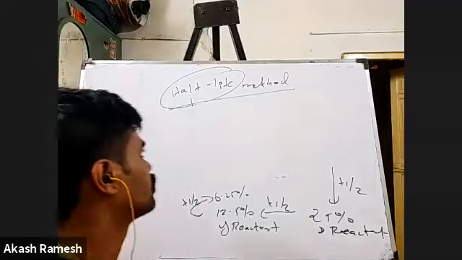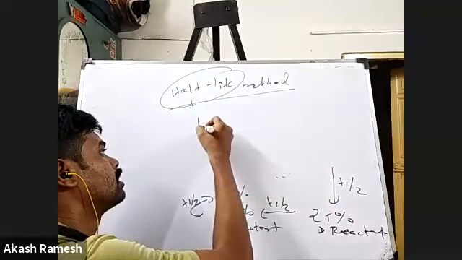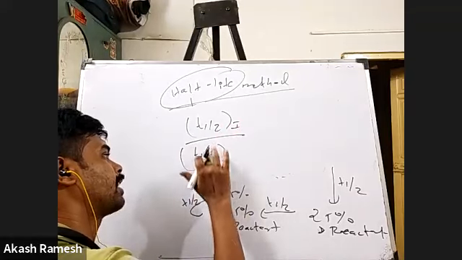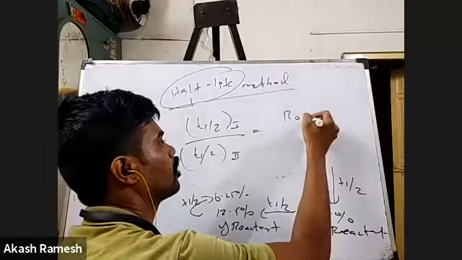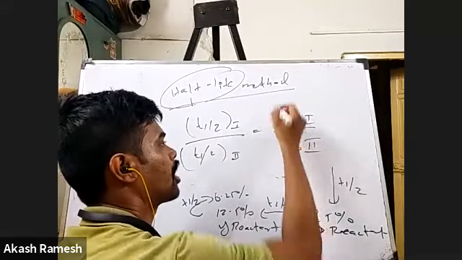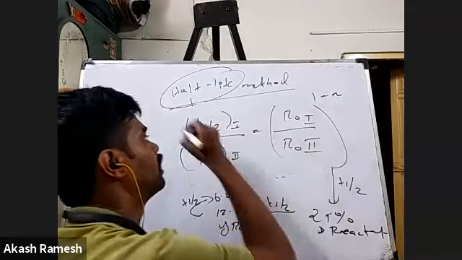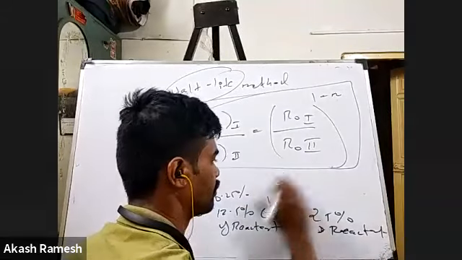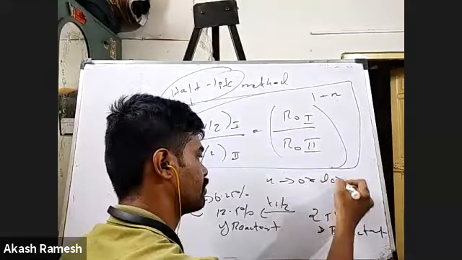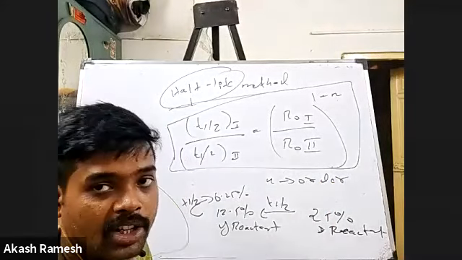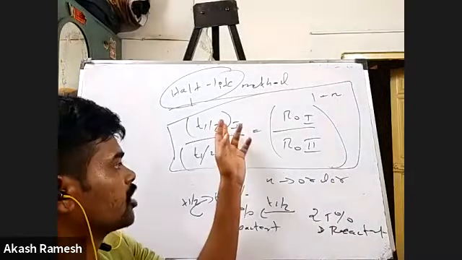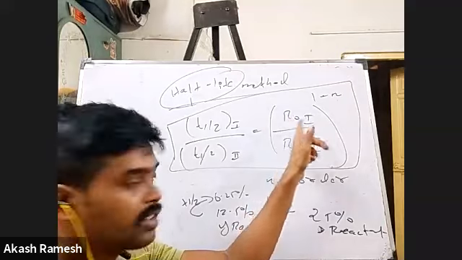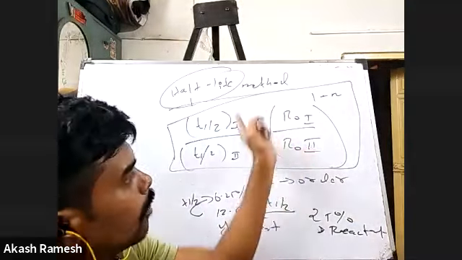So depending on that, I'm going to have this equation: T-half of the first experiment divided by T-half of the second experiment is equal to R naught of the first experiment, that is the initial concentration of the first, divided by initial concentration of the second, the whole power 1 minus n, where n is the order of the reaction.